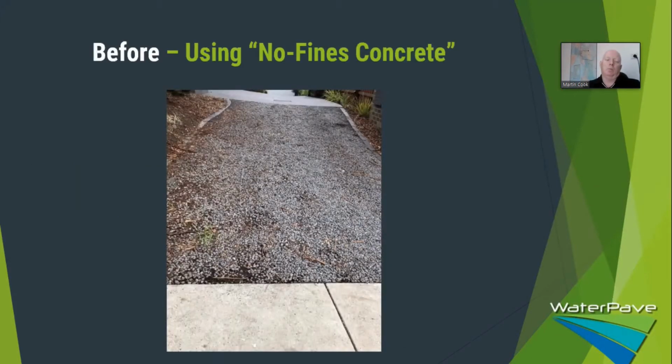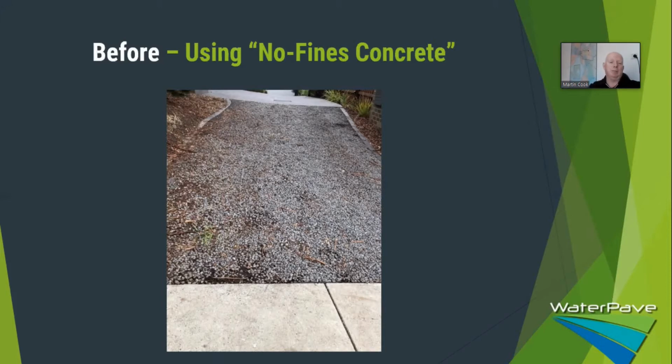It was in what they call a tree protection zone. That's really quite typical in a lot of the environments that we do a lot of work in. It's on the left-hand side there. You can't really see it in the photo, but on the left-hand side there's a nice big gum tree, and the council wouldn't allow concrete in those areas. That's a policy through most of the councils throughout Australia.